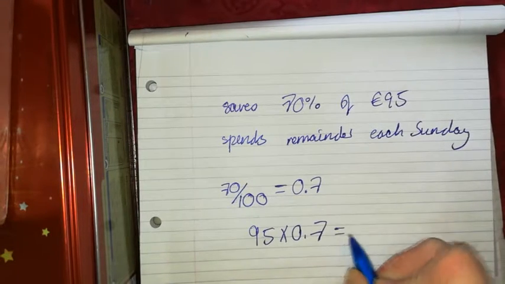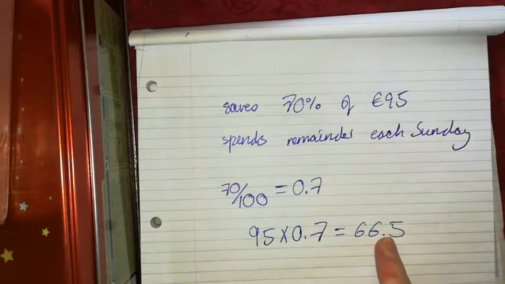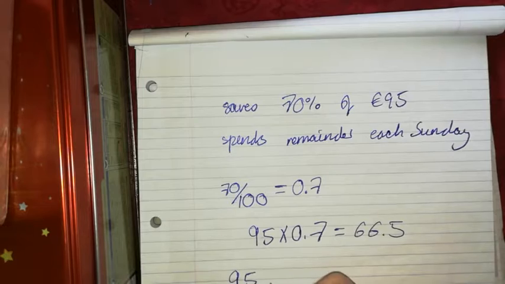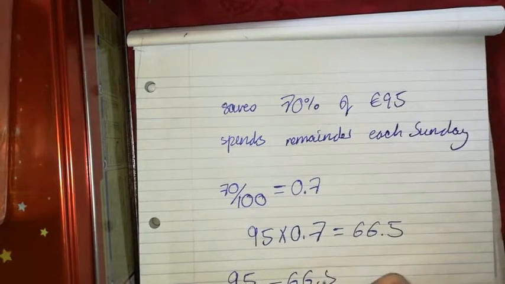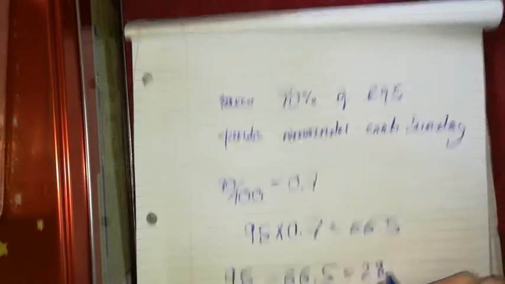So then I get 66.5. So he saves 66.5. So if I want to get how much money he spends, it'll be 95 take 66.5, and I'll get 28.50.